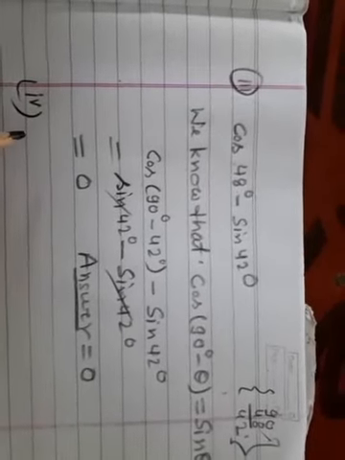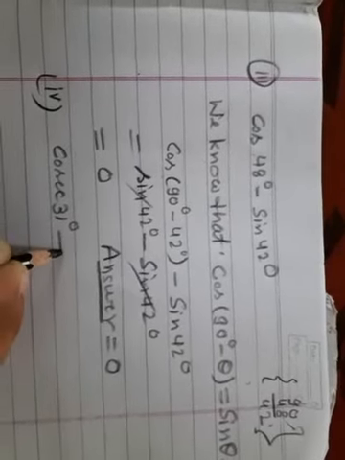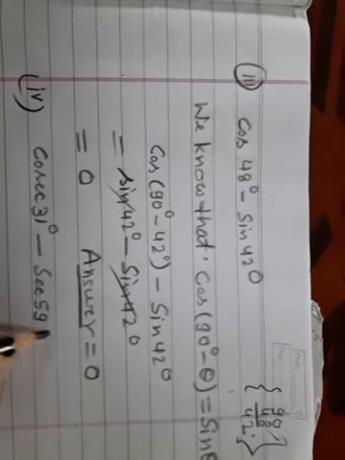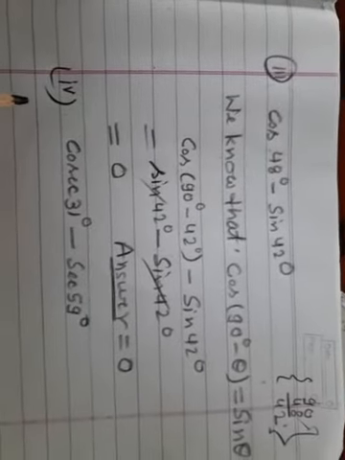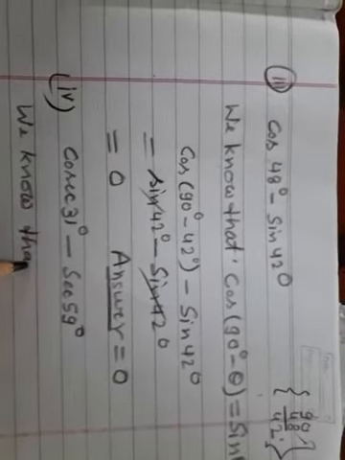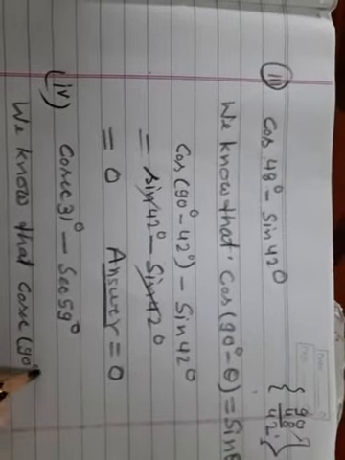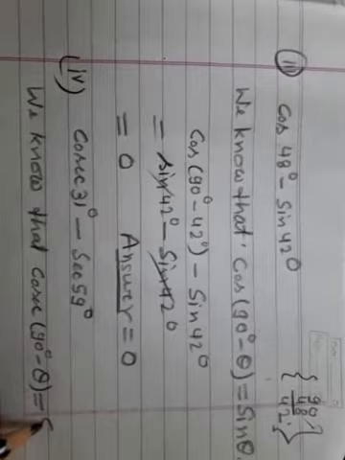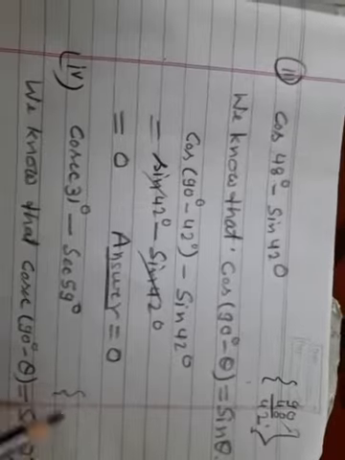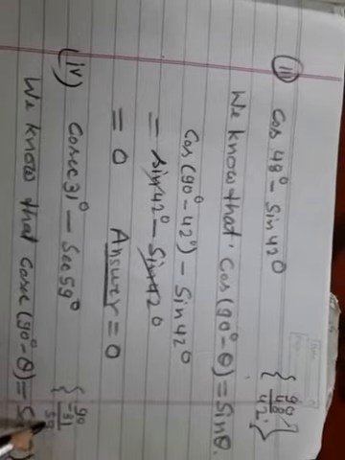The fourth part is given: cosec 31 degree minus sec 59 degree. Clear? Similarly, we know that cosec of (90 minus theta) is equal to sec theta. Here, 90 minus 31 gives 59. Clear?